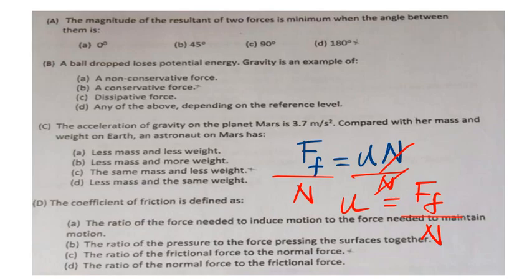So let's now look at our answers. Option A is saying the ratio of the force needed to induce motion to the force needed to maintain the motion. This doesn't make sense, it's not the answer. Then B states the ratio of the pressure. Pressure is not applied here. C says the ratio of the frictional force to the normal force.